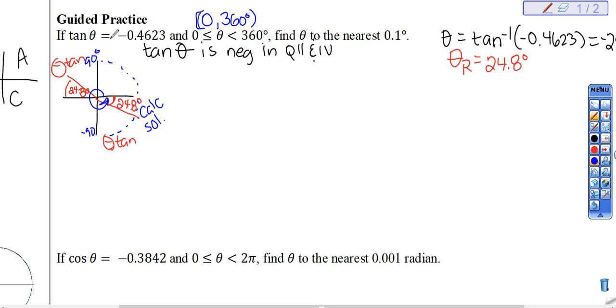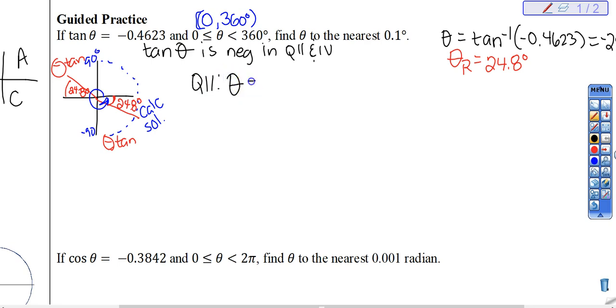All right, so tangent is negative in quadrant 2 and 4, and the calculator's giving solutions in quadrant 1 and 4. So which theta am I finding? Quadrant 4. Yeah, quadrant 4 is where the calculator's giving me a solution, but it's giving me a negative solution. I don't want a negative solution. I don't want negative theta. I want positive theta.